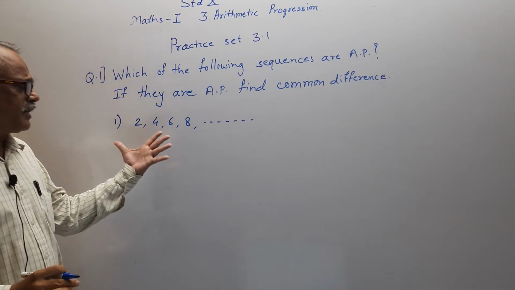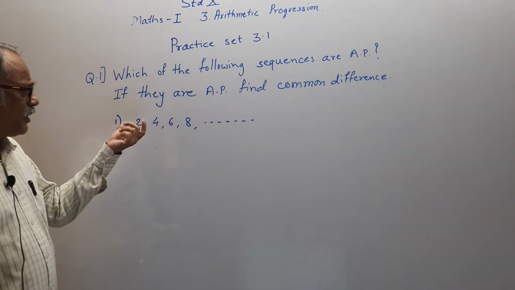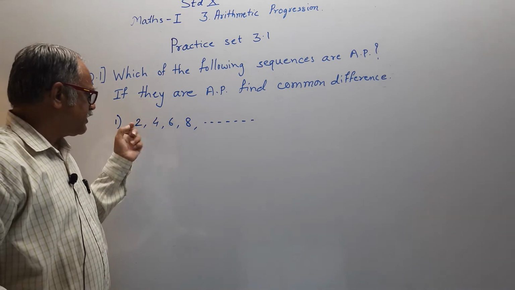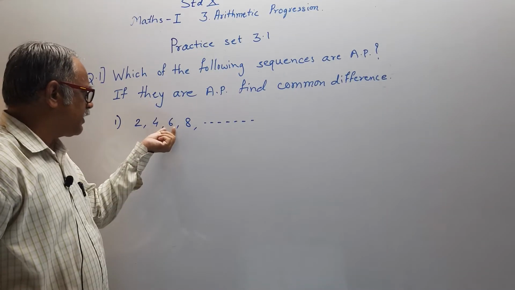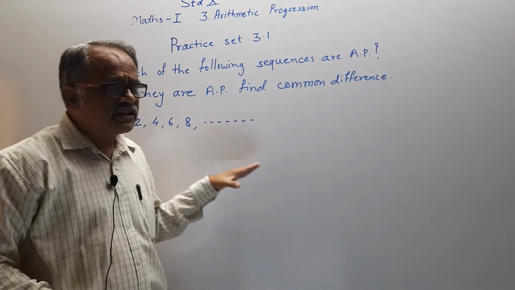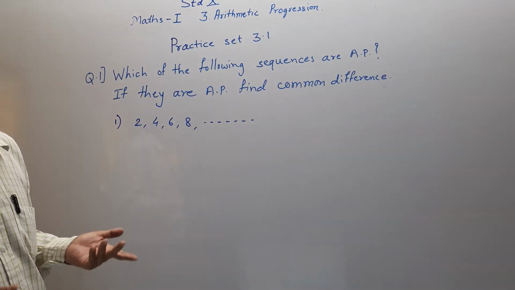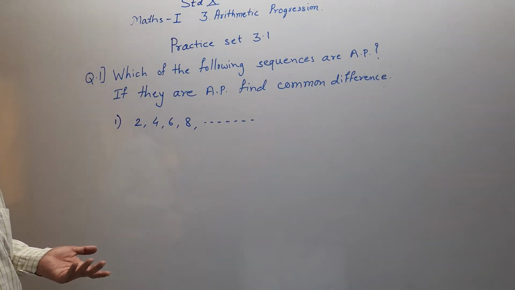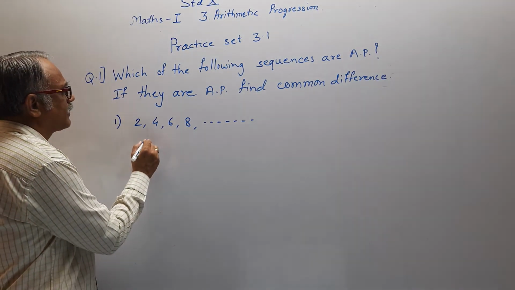Sometimes they give 5 terms, sometimes 4 terms. So we have to find all possible differences: T2 minus T1, T3 minus T2, T4 minus T3. If all are the same, then we write it has a common difference and therefore it is AP. Otherwise, no common difference, it is not AP.